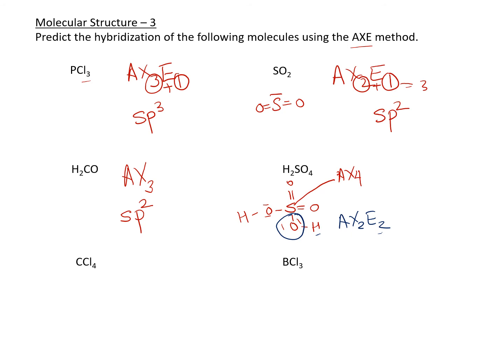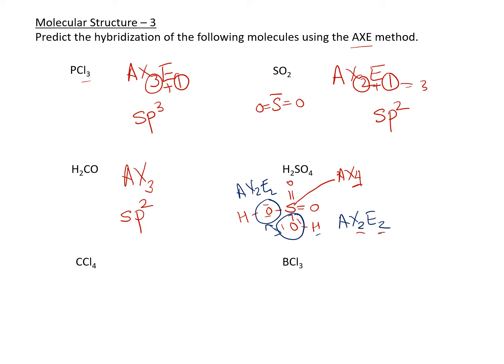So we have 2 different kinds of AX formulas, and I hope you agree with me that both of the oxygens are the same. So both of them are going to be AX2E2. Both of them have a tetrahedral electronic geometry, because this is 4 and this is 2 plus 2.